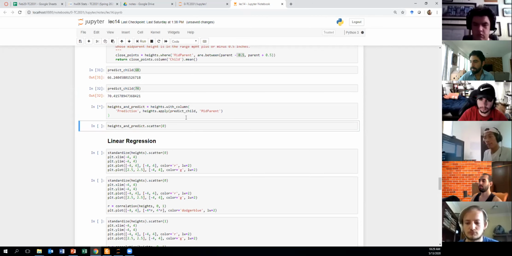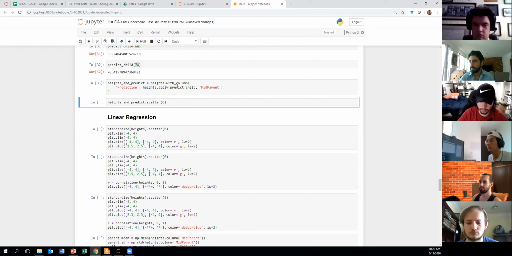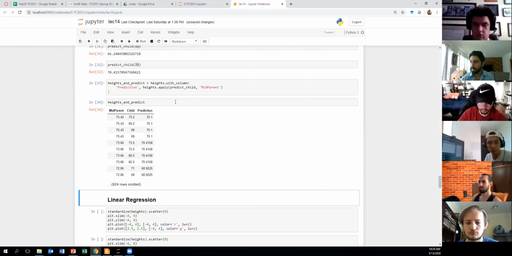So what I'm doing is calculating it for all the values. Here I have this table, and I appended these predictions for all the points in my mid-parents.